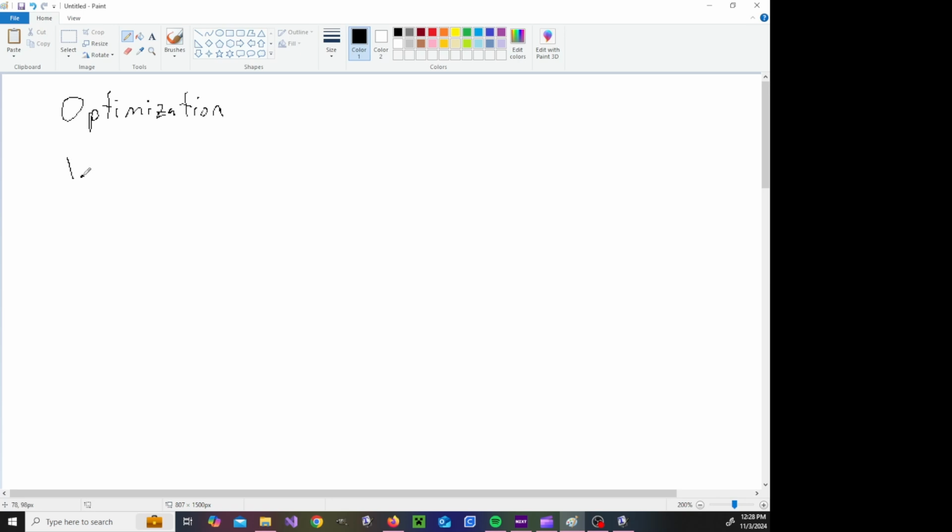So for one, we're going to find an equation for constraints. Then two, we're going to find the equation to optimize.